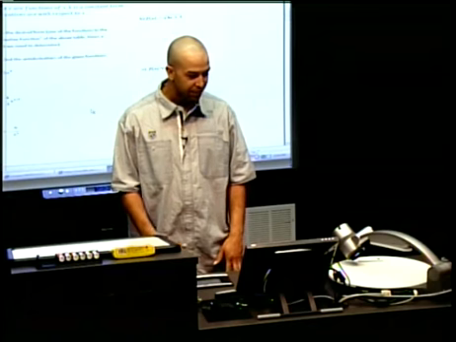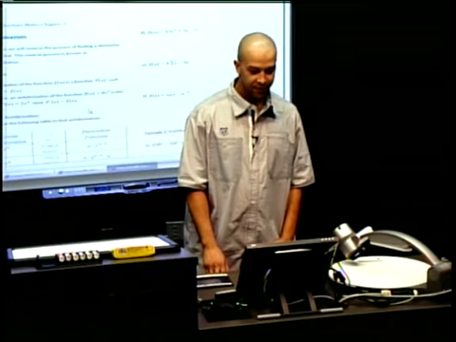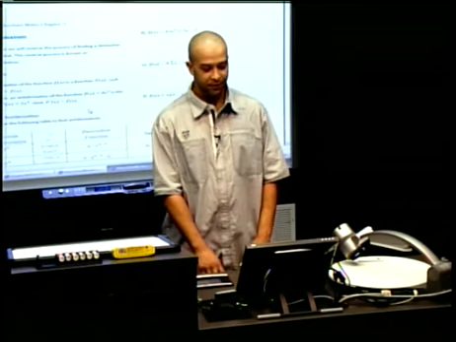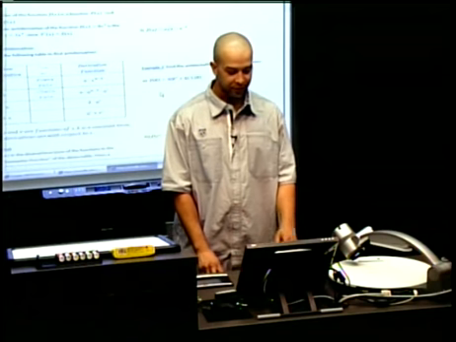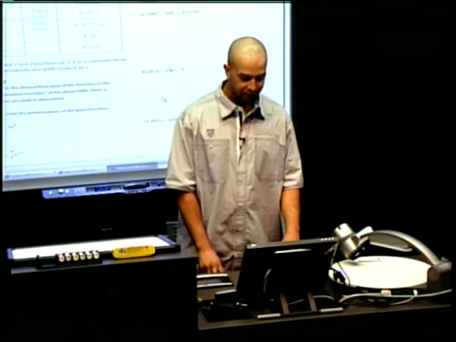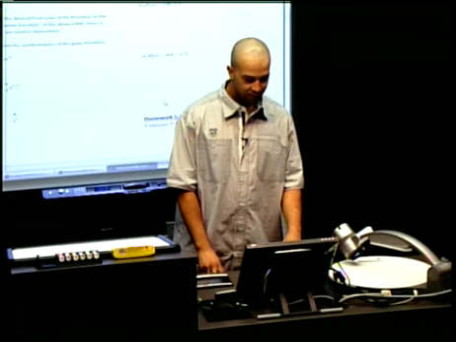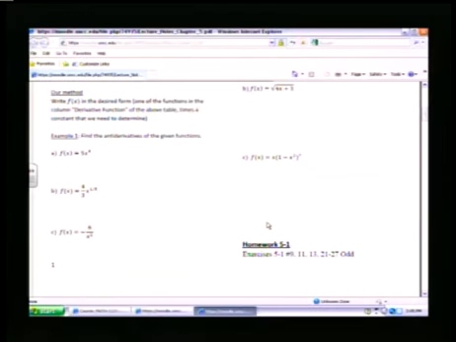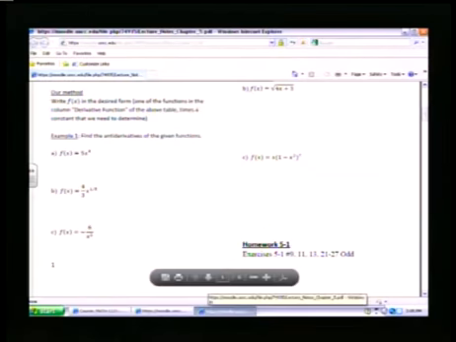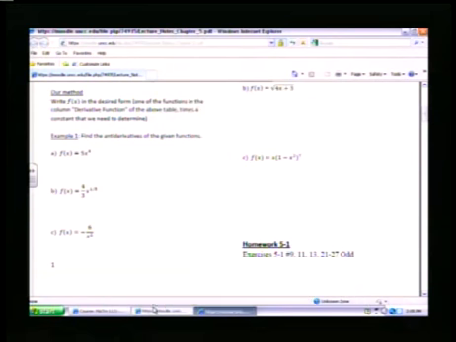Today we'll be going over Chapter 5, Section 5.1, Antiderivatives. We're going to start with the lecture notes that's posted on the Moodle website. Example 1A through C. Example 1 reads, find the antiderivatives of the given functions.